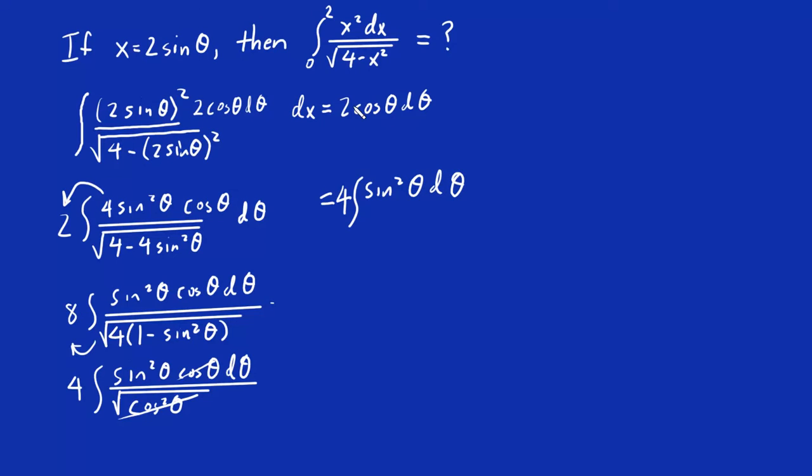However, we need to go from the x world, 0 to 2, to the theta world, so we want to change that. For x equal to 0, we use the original equation they gave us, x is equal to 2 sine theta. So 0 is equal to 2 sine theta, which means the 2 would cross off.